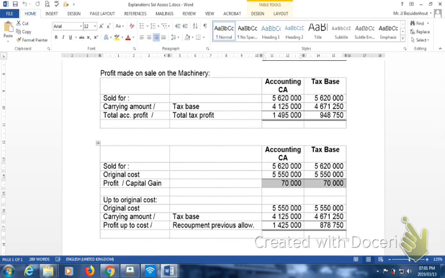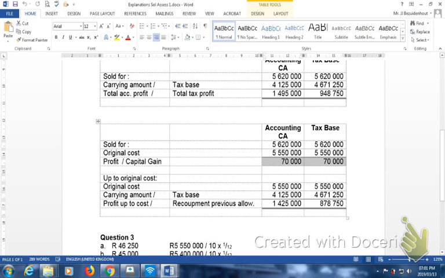And then you say, okay, but what is the recoupment up to original cost? In other words, what is the accounting profit up to original cost, or the recoupment? Accounting-wise, your accounting profit is $1,420,000, being the previous depreciation that you accumulated.